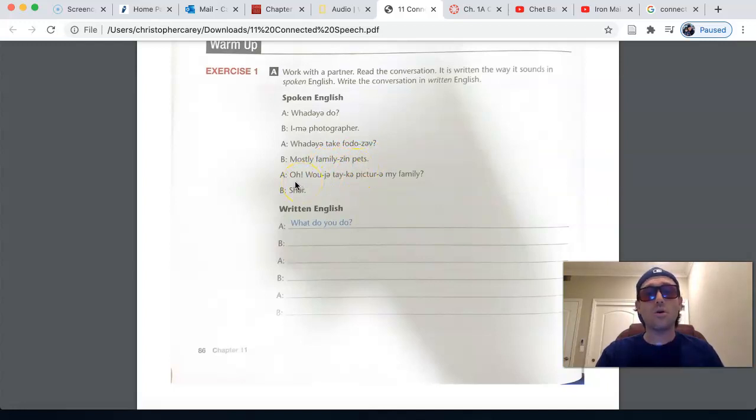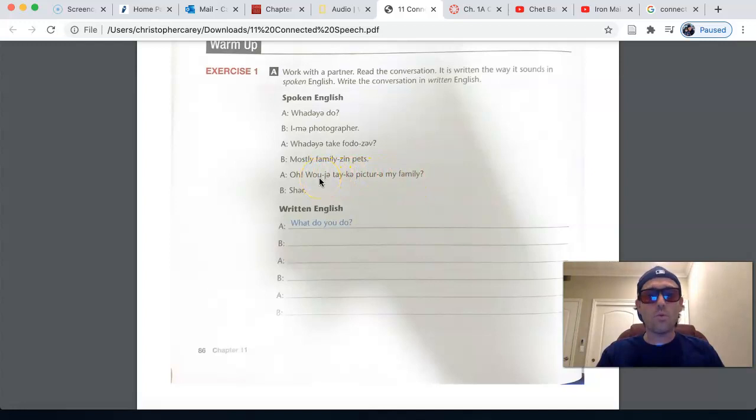Oh, would you take a picture of my family? Would you take a picture of my family?